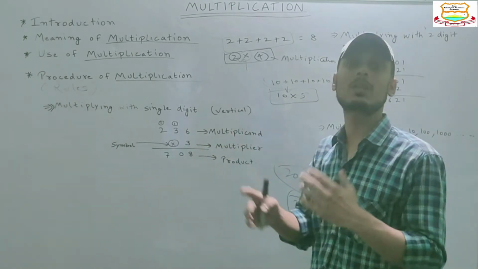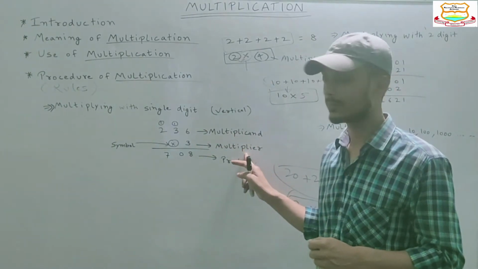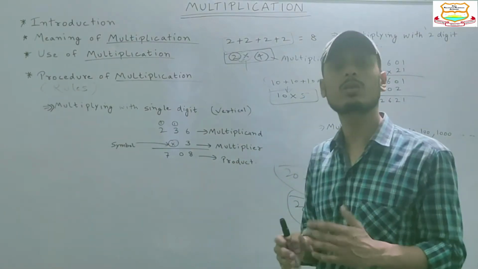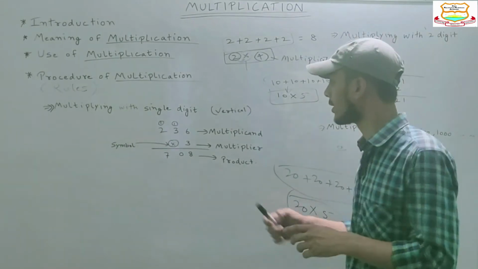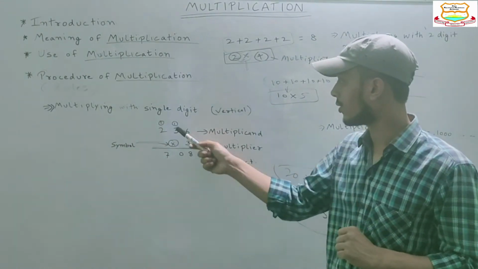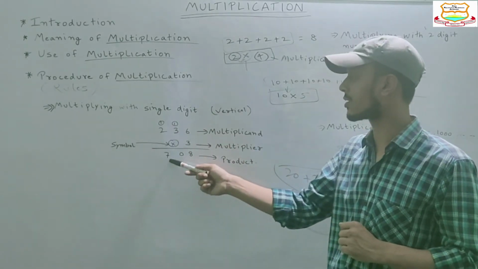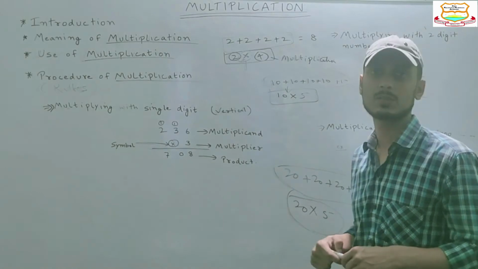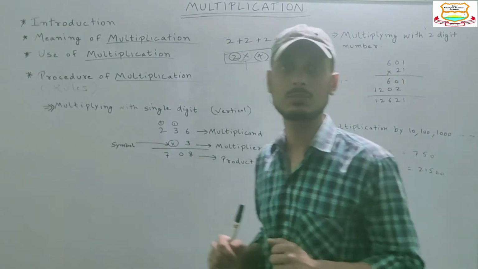The number by which it is multiplied is called the multiplier. The answer or result that we get after multiplication is called the product. When we multiply 236 by 3, we get the answer 708. The answer is called the product. Got it?